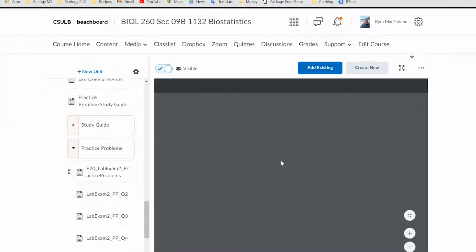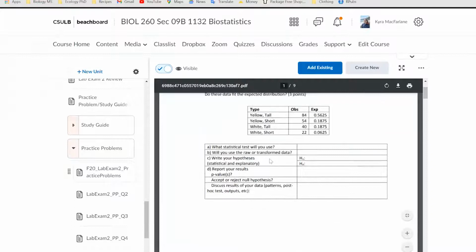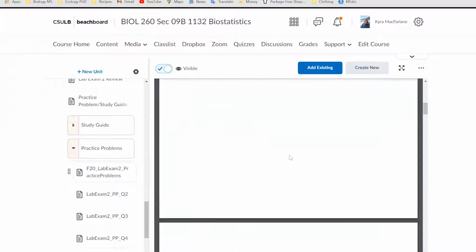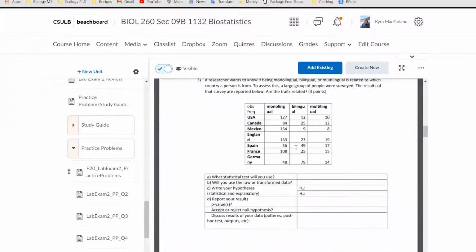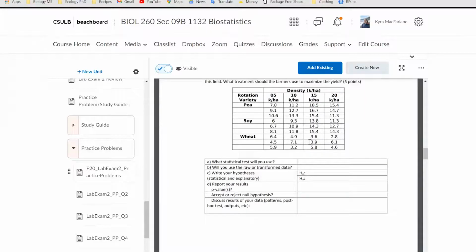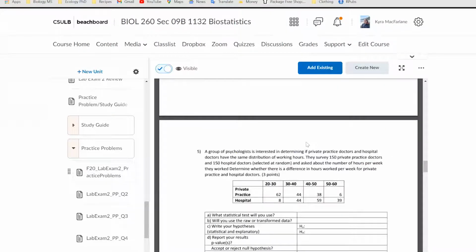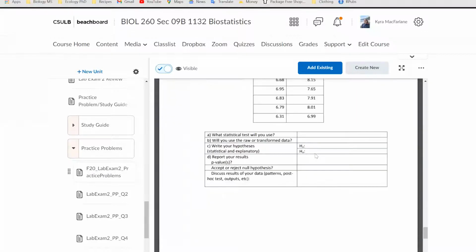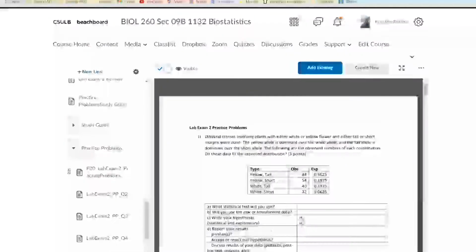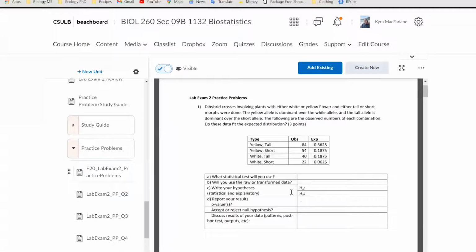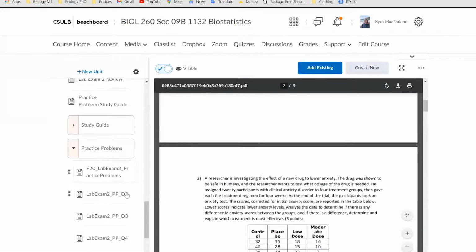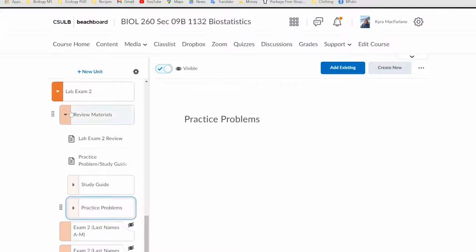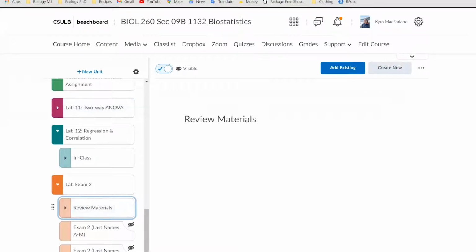So there are these practice problems, and again, an individual CSV file for each of them. But yeah, we can go over the PowerPoint now.